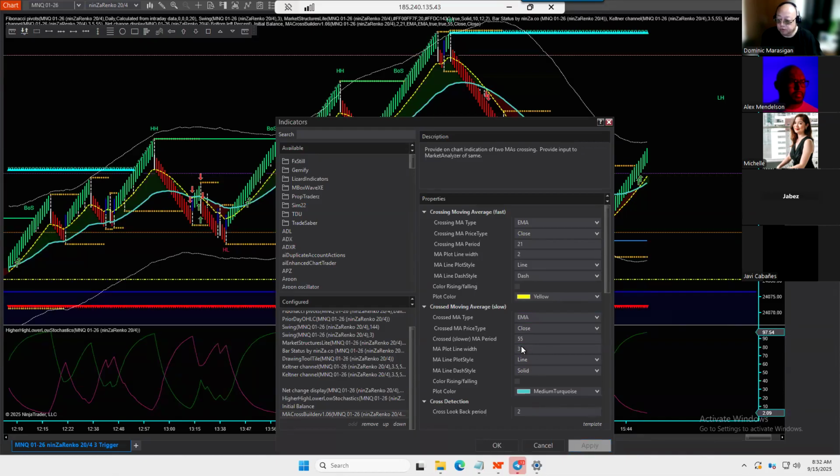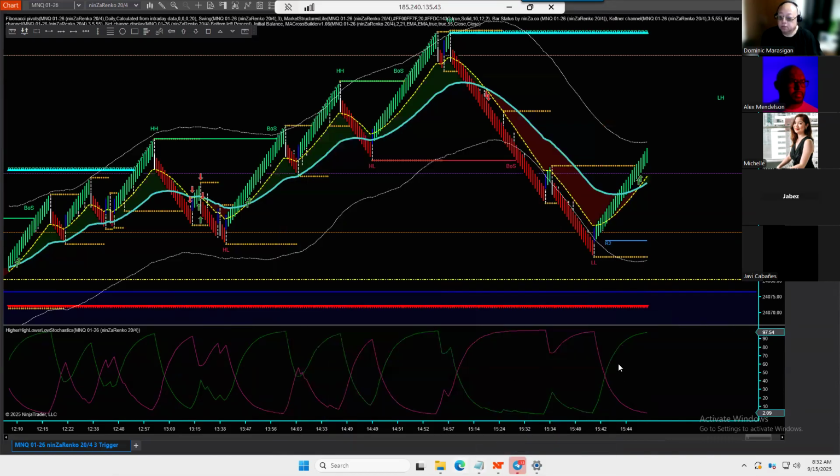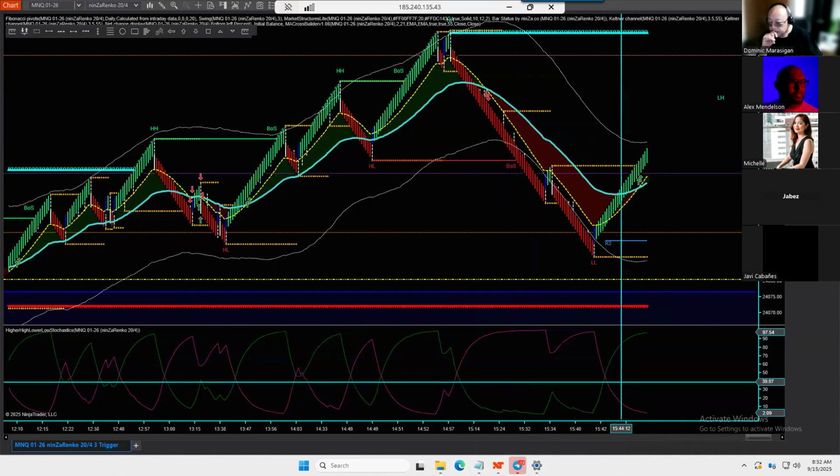Maybe 4. Yeah, that's a lot thicker. So you know where the mid band is. And when you see the cross of 21, that basically is another confirmation that you're going down or going up, depending on where you see it.